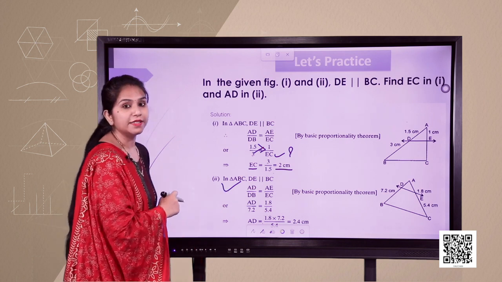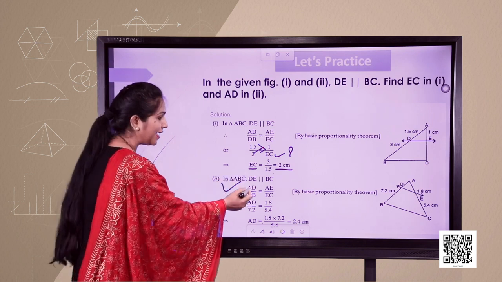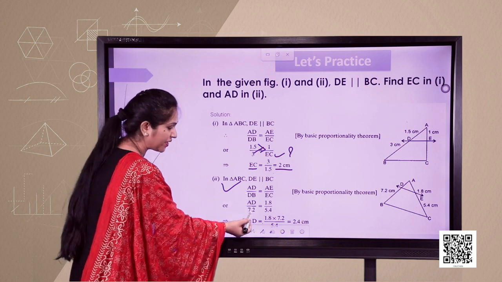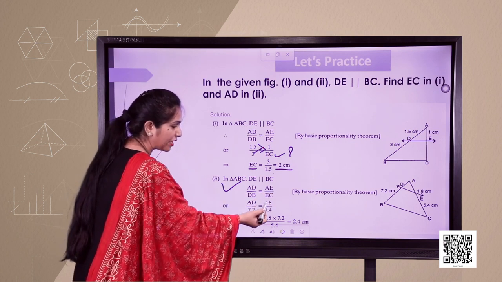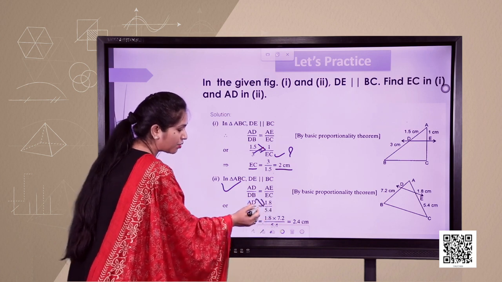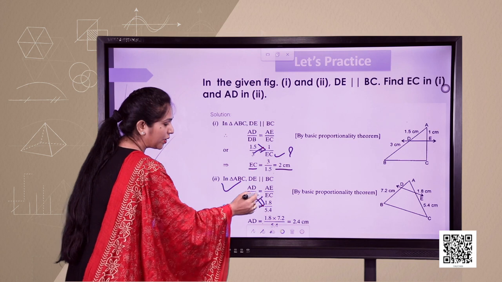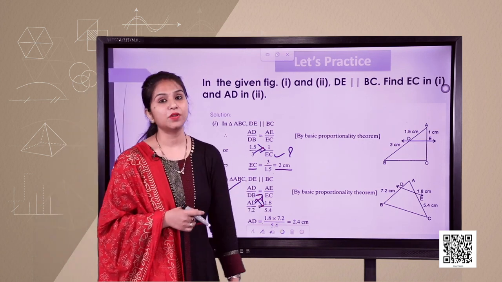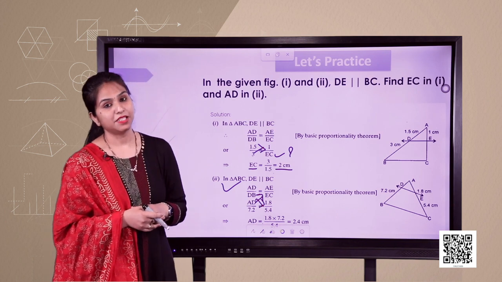Now put the values in the equation. AD we need to calculate, so we write it as it is. DB is 7.2, AE is 1.8, EC is 5.4. Again do cross multiplication, and we find that AD is equal to 2.4 centimeter.